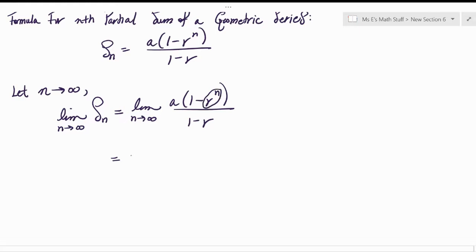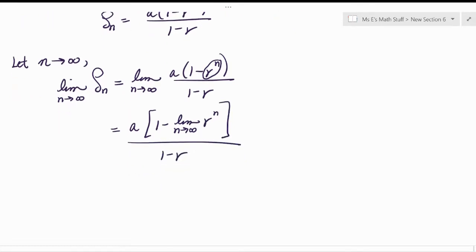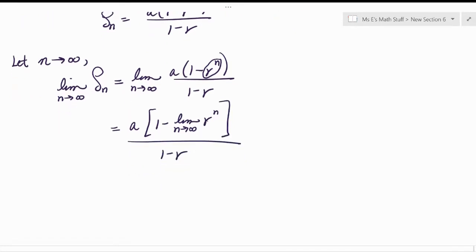This would equal a times 1 minus the limit as n approaches infinity of r to the n, over 1 minus r. I just moved that little limit thought close to the part that has n in it, since we're talking about n going to infinity. Now the answer you get here really depends on the value of r.